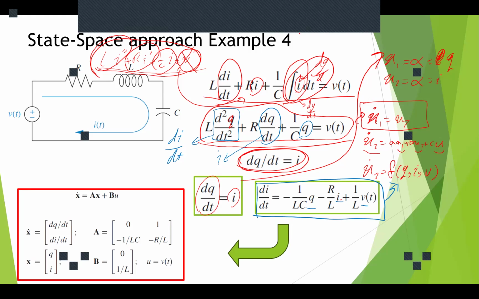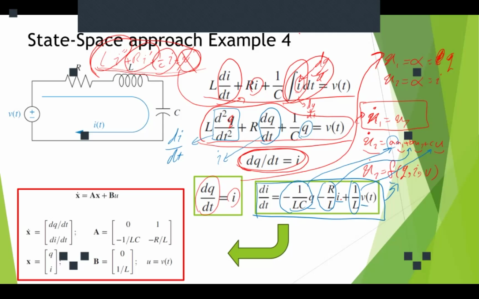So this A that I have here is what we have times x1. x1 is q, so this is the A I have here. Okay? This is the B I have here, and this is the C I have here. Is that clear so far? Are we good on that?